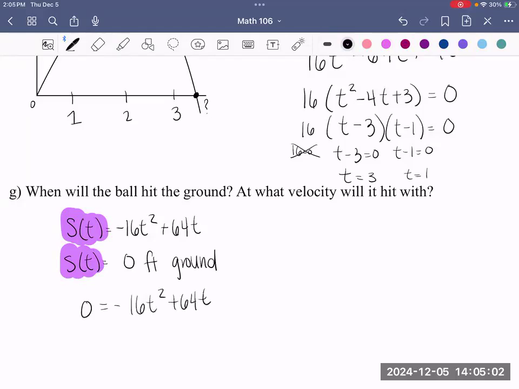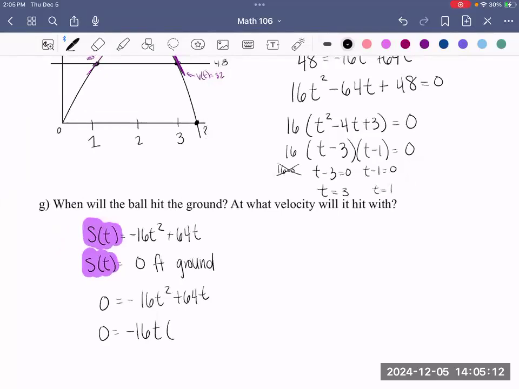Let's go ahead and factor just like we did over here. We can take out a negative 16. We could also take out a t. So it leaves behind a t that's positive, and then minus a 4. We can set them equal to 0. Negative 16t gets set equal to 0 this time because we took out a GCF of t.